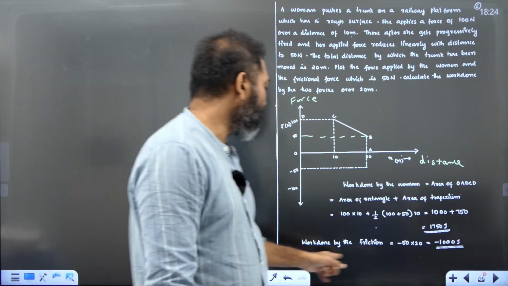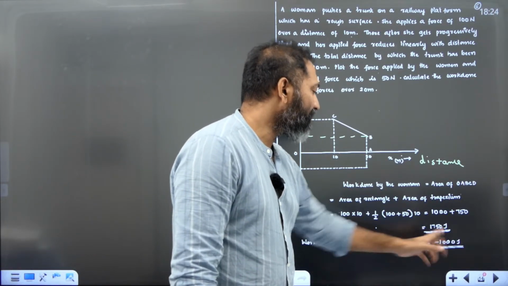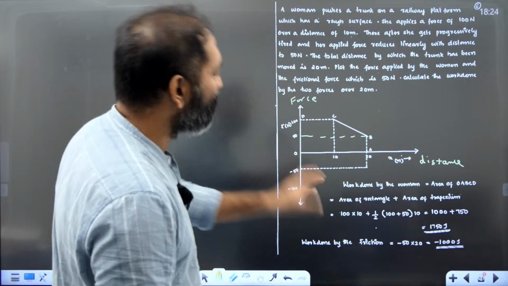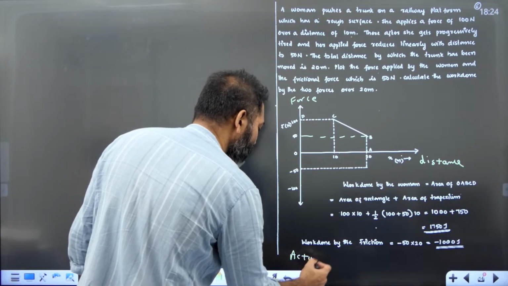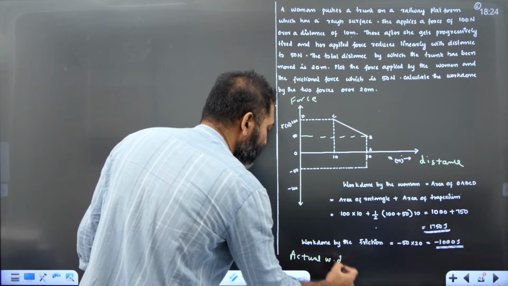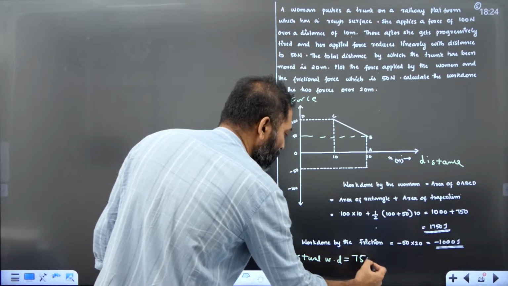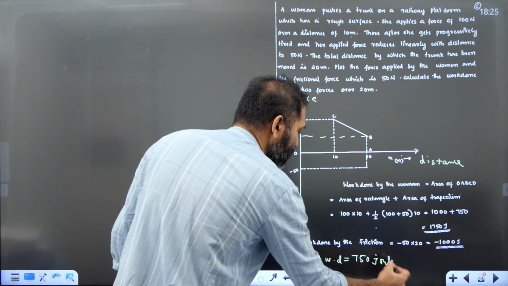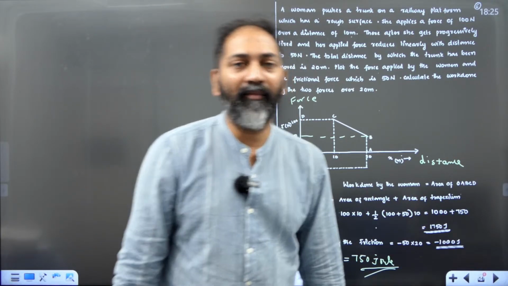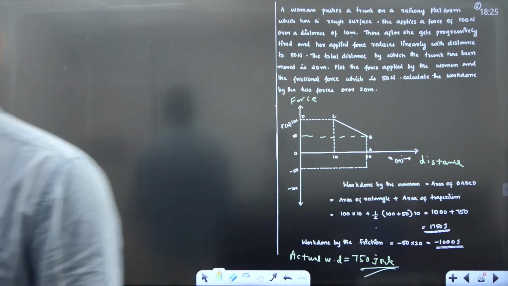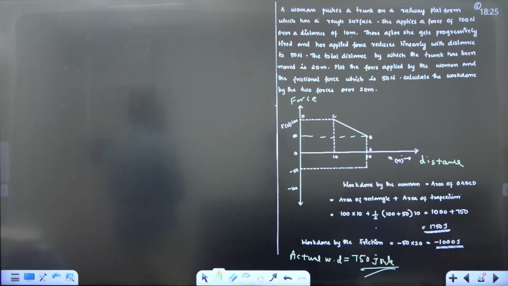What is the frictional force work done? Minus 1000 joule. So what is the actual work done? 750 joule. How did I get 750? Because I have to subtract work done by the woman minus work done by the resistive force.